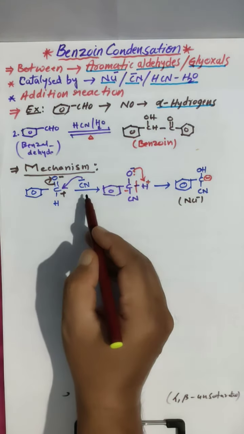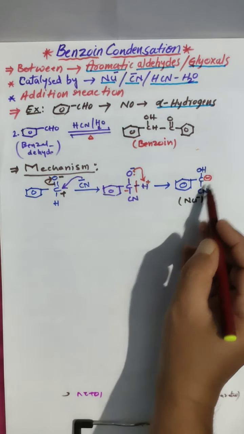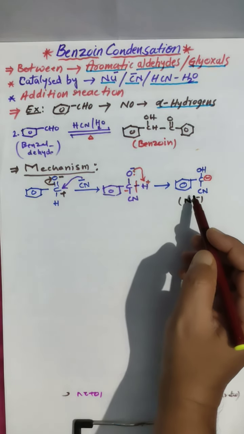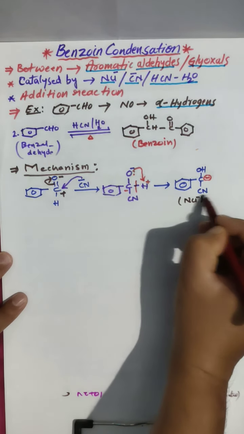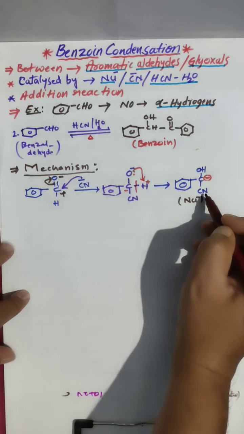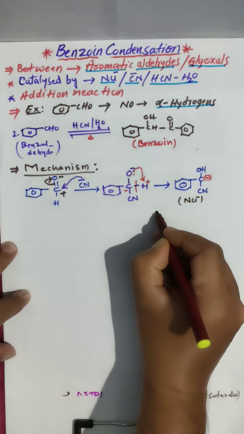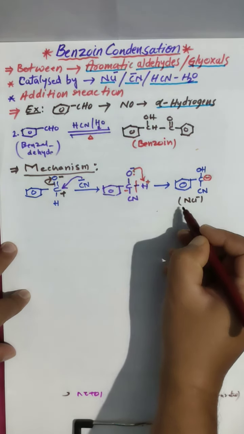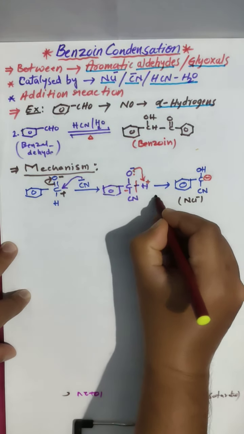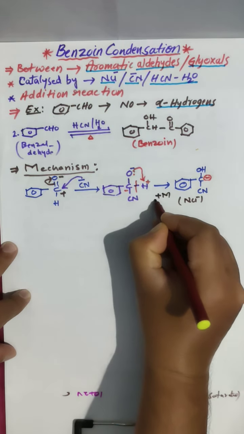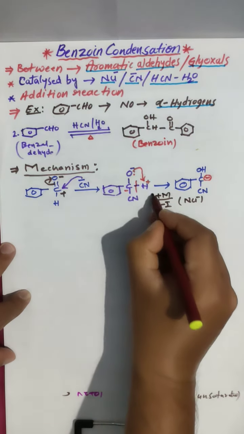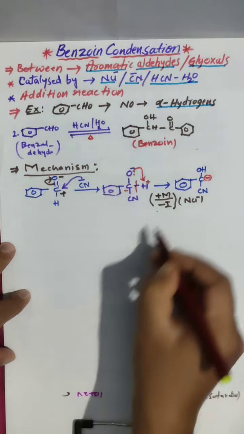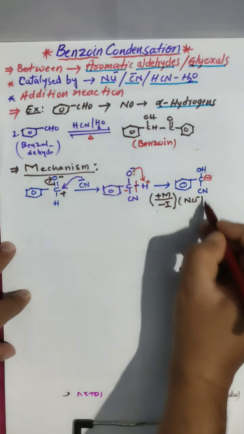Why particularly cyanide only are we taking? This cyanohydrin nucleophile is very stable. Look here, cyanide is an electron withdrawing group. It is stabilized by electronic effects like plus M and minus I. And moreover it is an electron withdrawing group.